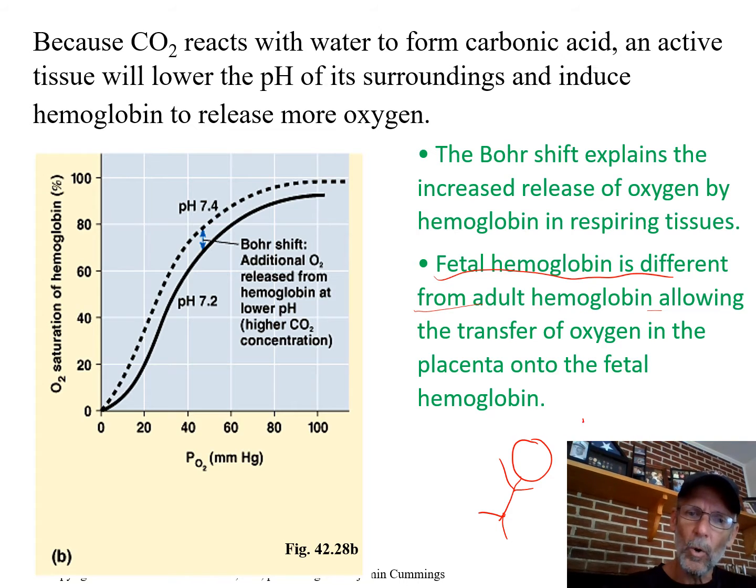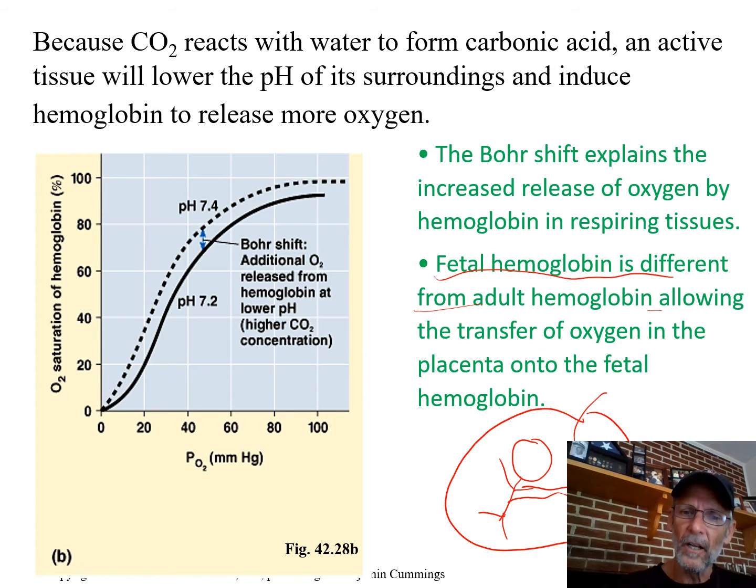But you are physically connected to mom across that thing called the placenta, and mom's blood is getting real close to your capillaries in that organ. What's going to cause your blood to grab oxygen from mom's blood? Why should mom give up oxygen to you?